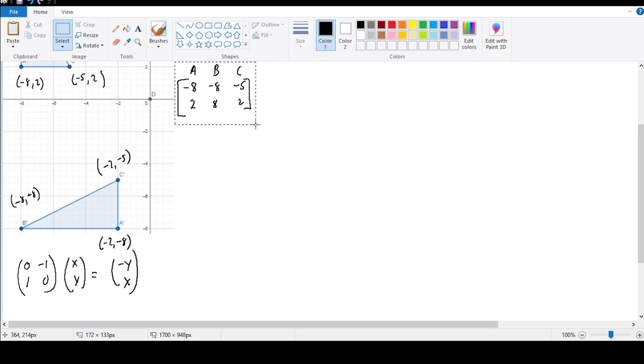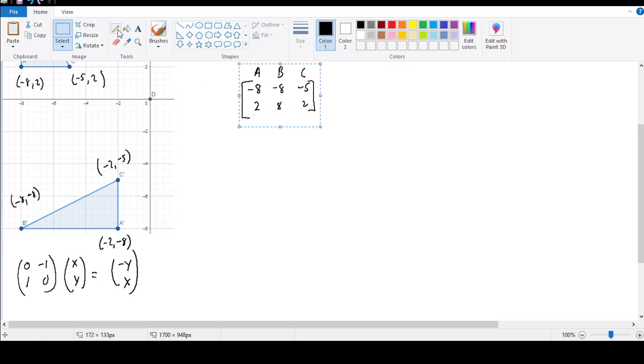Let me move this out a little bit to this side, and let me put in the matrix by which we will be multiplying this rotation, which is 0, -1, 1 and 0, and that will yield, now let's put here A prime. So row times column, that's 0 times -8 plus -1 times 2, then row times column, that's 1 times -8, 0 times 2.